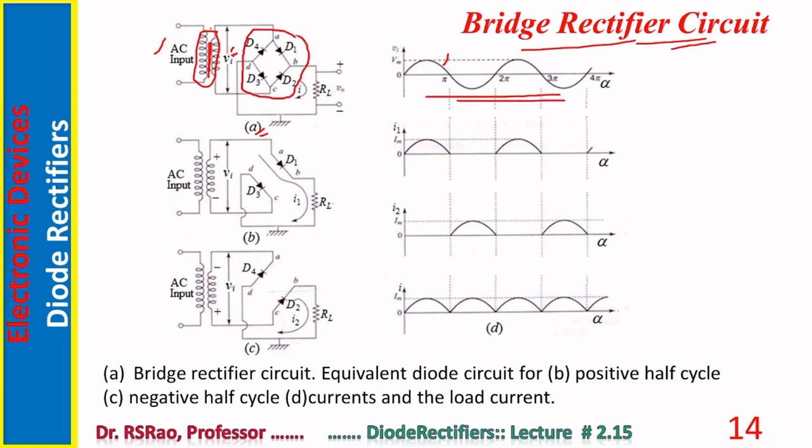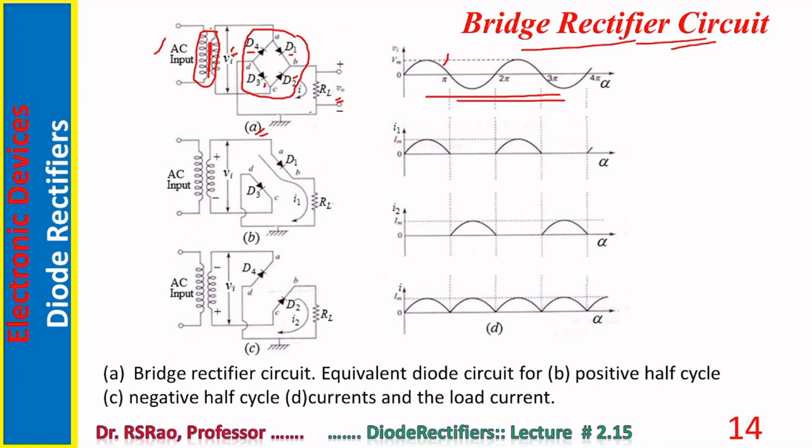This bridge is made up of four sides and 4 diodes. In each side, there is one diode, D1, D2, D3, D4. And the load is connected across two terminals. Input is connected across the other two corners or terminals of the bridge.